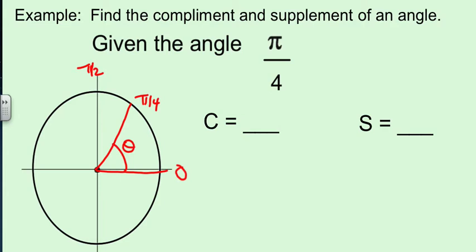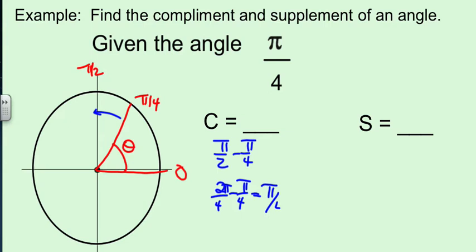So I want to find the distance from here over to there. So just take pi over 2 minus pi over 4. So I'm going to convert this to 2 pi over 4 minus pi over 4, which is pi over 4. So the complement is pi over 4.